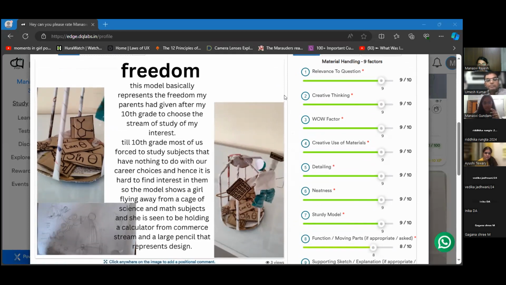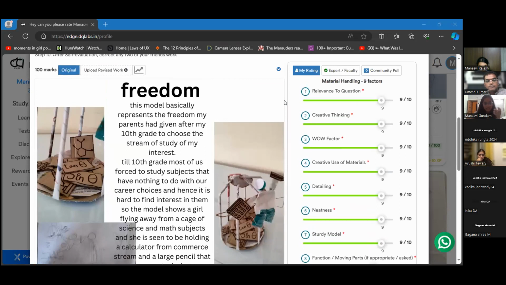I had just finished my 10th grade and gotten into a different stream of education. In 10th grade we were forced to study some subjects that we're not really interested in, for me it was science. So I chose something completely opposite, commerce for 12th grade, and I wanted design for my career.